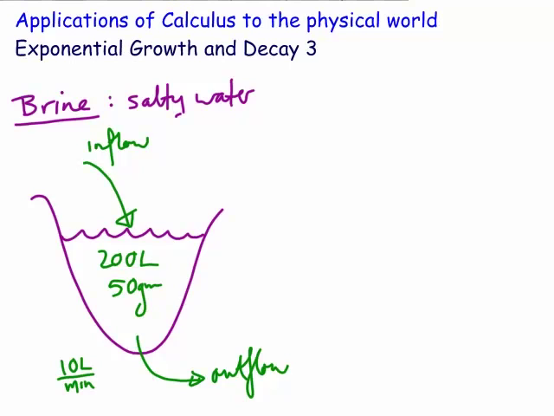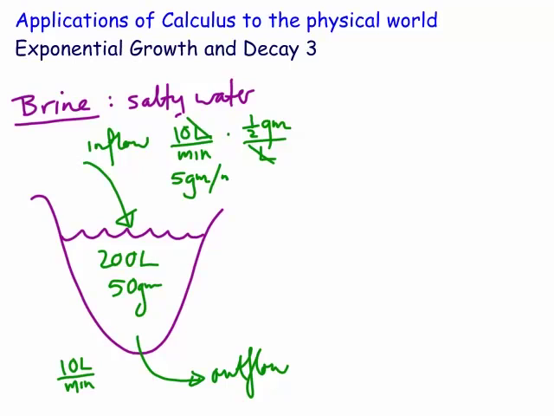So it's going to be 10 litres per minute, and the concentration is half a gram per litre. And if you have a quick look at that, what is that? Well, coming in would be a half times 10. The litres would cancel. We are getting about 5 grams per minute coming in.